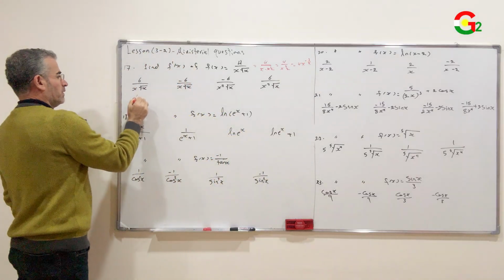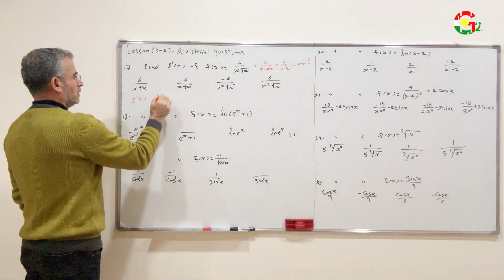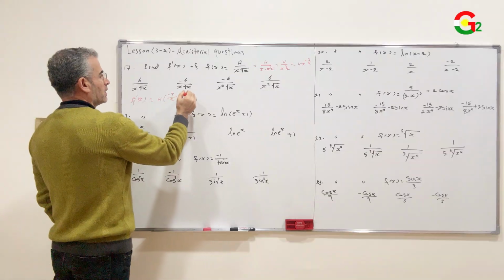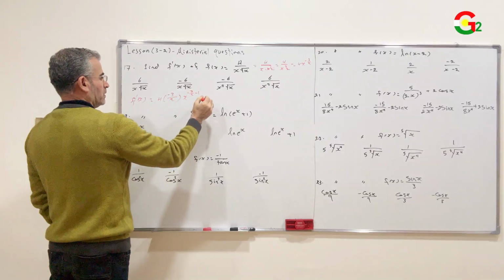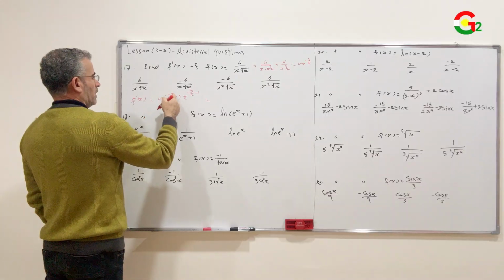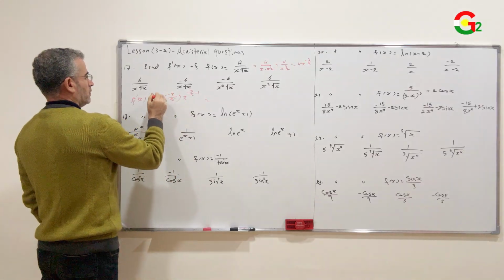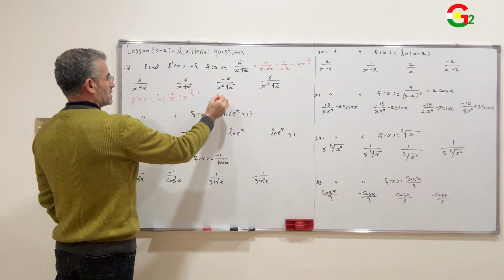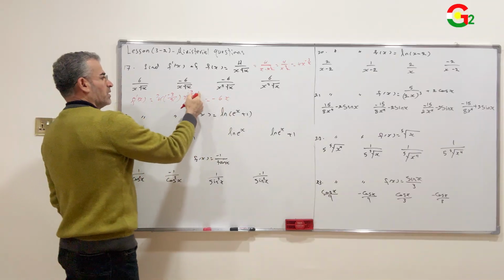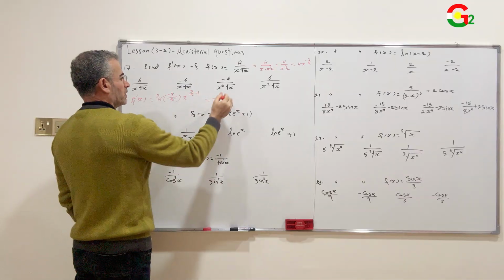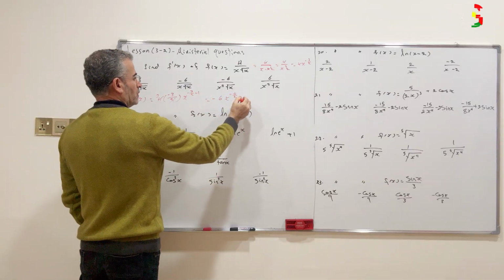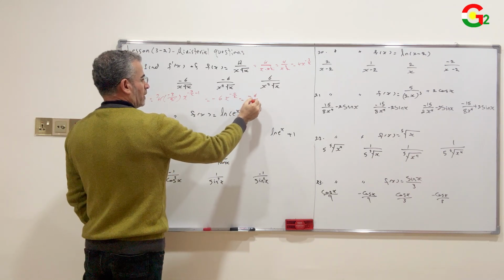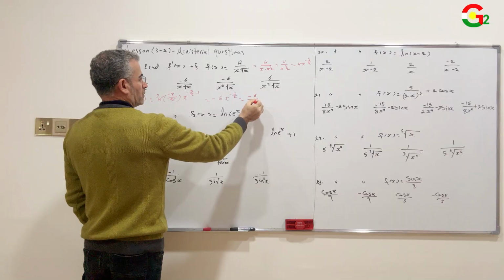Now, the derivative f prime of x equal 4 times negative 3 over 2 x to the negative 3 over 2 minus 1, equal to 4 times negative, or reduce 2 with 4, 2 times negative 3, negative 6, x to the negative 3 over 2 minus 1, negative 5 over 2.